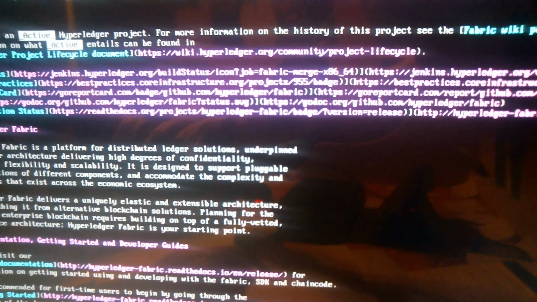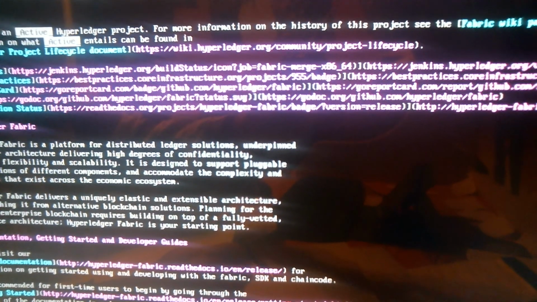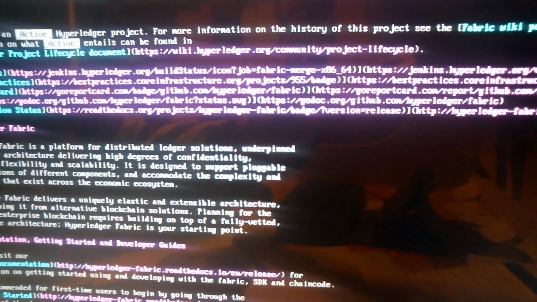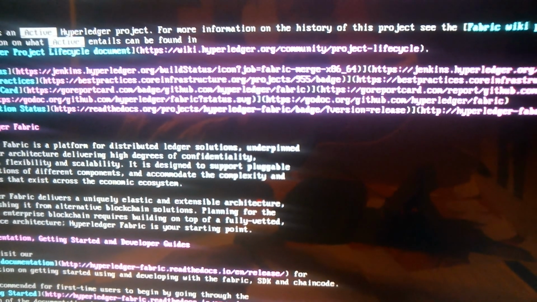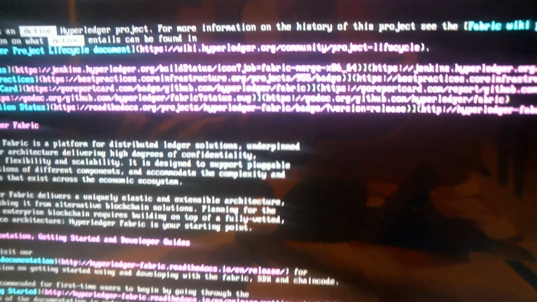Hyperledger Fabric delivers a uniquely elastic and extensible architecture, distinguishing it from alternative blockchain solutions. Planning for the future of enterprise blockchains requires building on top of a fully vetted, open source architecture, and Hyperledger Fabric is a starting point.